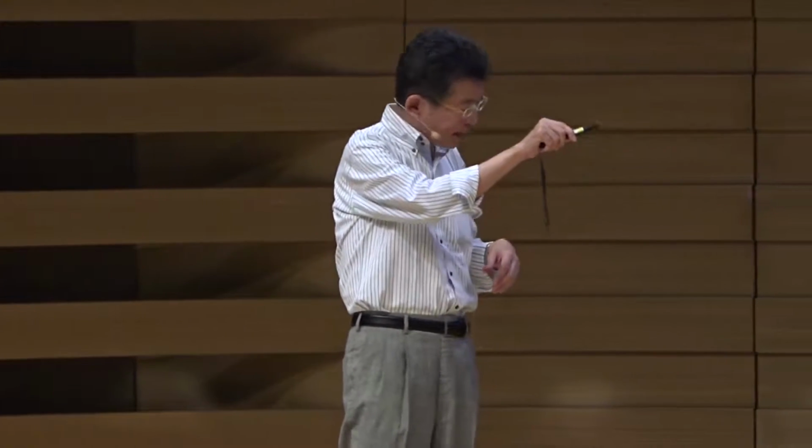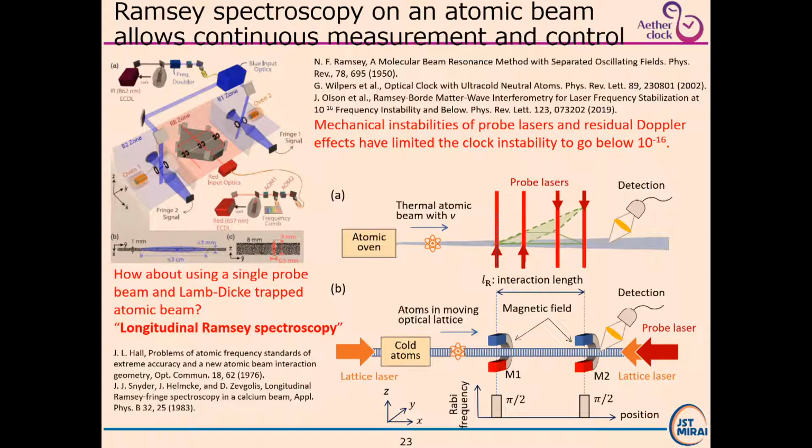The first thing is, we need an accurate magnetic field, and we calculated assuming a good current source. With a good current source, an uncertainty of less than 1 times 10 to the minus 18 will be achievable.